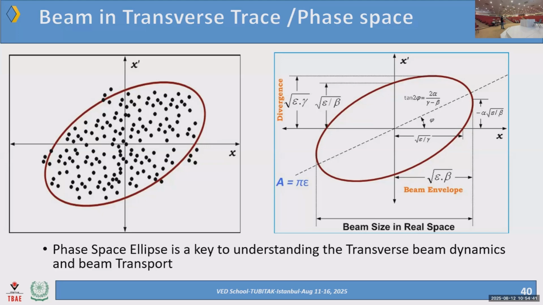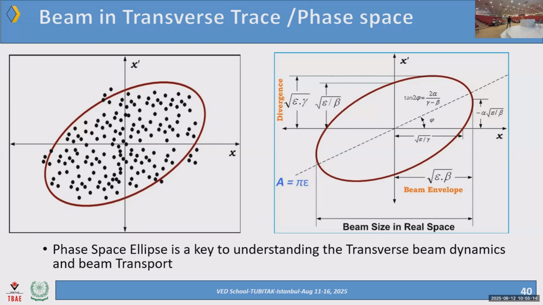This ellipse is basically the transverse representation of the beam. The boundary of the particles: maybe this particle will gain energy or lose energy and move from this coordinate to this coordinate. These particles can gain energy and be shifted to a different coordinate, but they will remain inside this boundary. This boundary is called the envelope, just like the envelope of the letter that we receive.